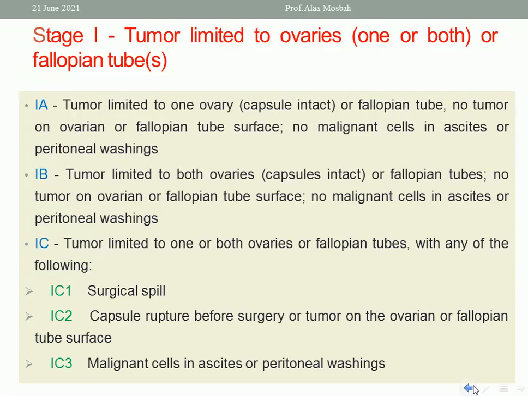C is divided into three categories. C1, surgical spill. C2, capsule rupture before surgery. C3, malignant cells in ascites or peritoneal wash.